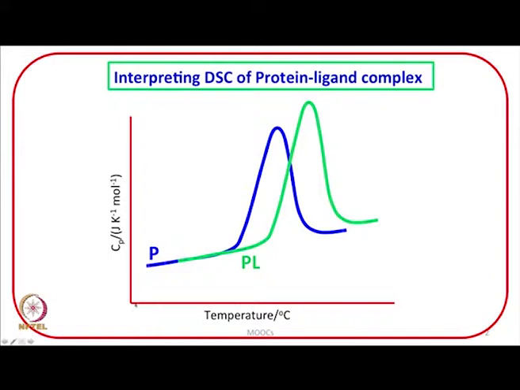When we thermally unfold a protein P, we can find out its transition temperature, calorimetric enthalpy, etc. And when the ligand is bound to the protein and you unfold PL, usually its unfolding will be at higher temperature. And we will get the corresponding thermodynamic parameters associated with the unfolding of PL complex.